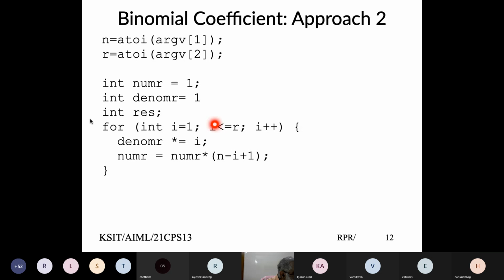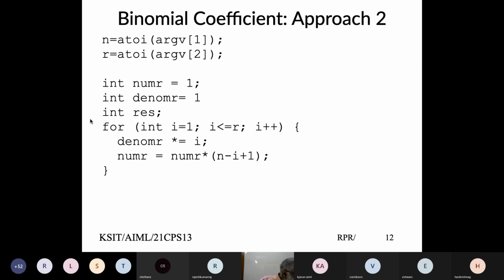Look at, I'm running a loop so that my loop is iterating r times, starting with 1 less than or equal to r. So my loop would be running r times, no more, no less. I know the fixed times. And now I have to work out computing numerator and computing denominator.